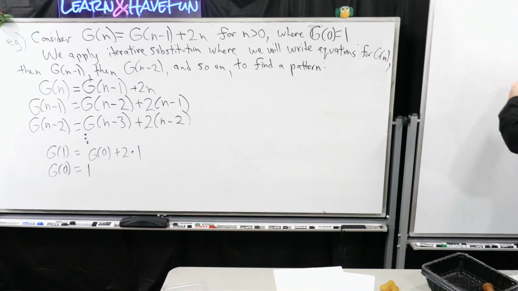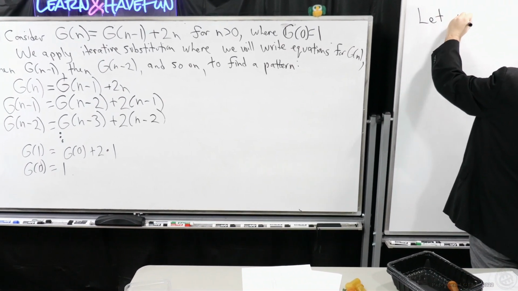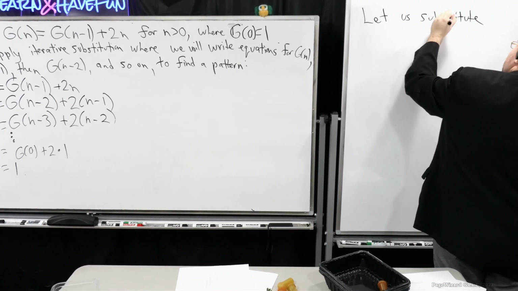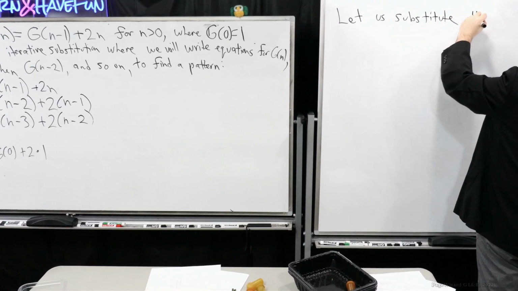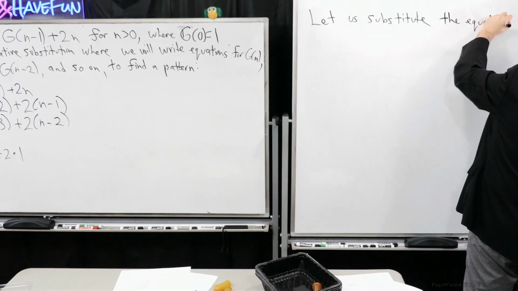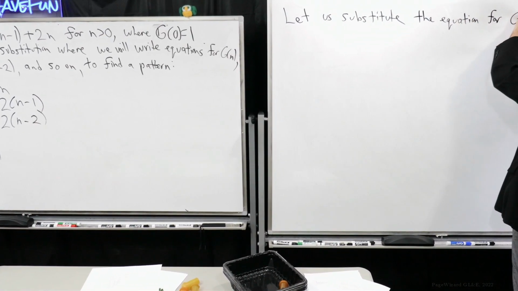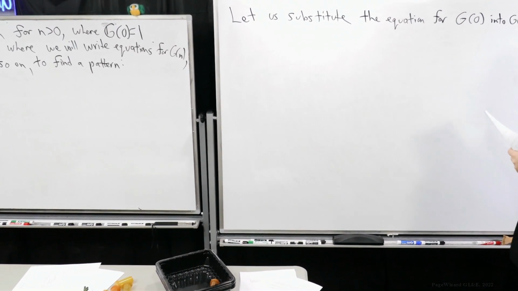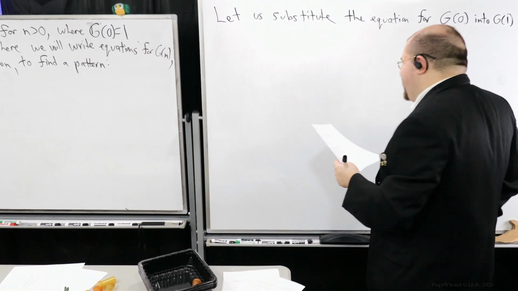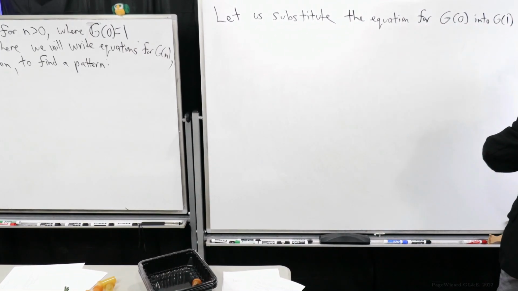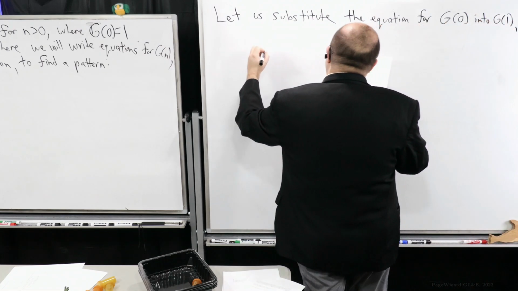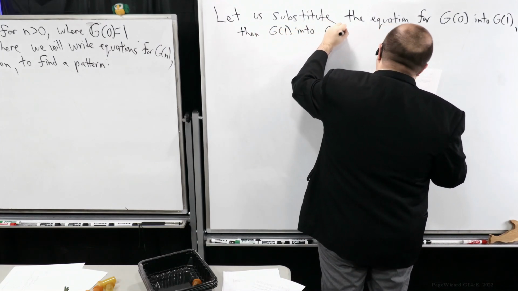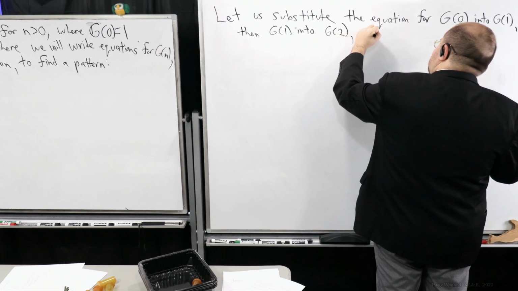So let's go through the same process again. Let us substitute the equation for g of 0 into g of 1, then g of 1 into g of 2, and we get as follows.